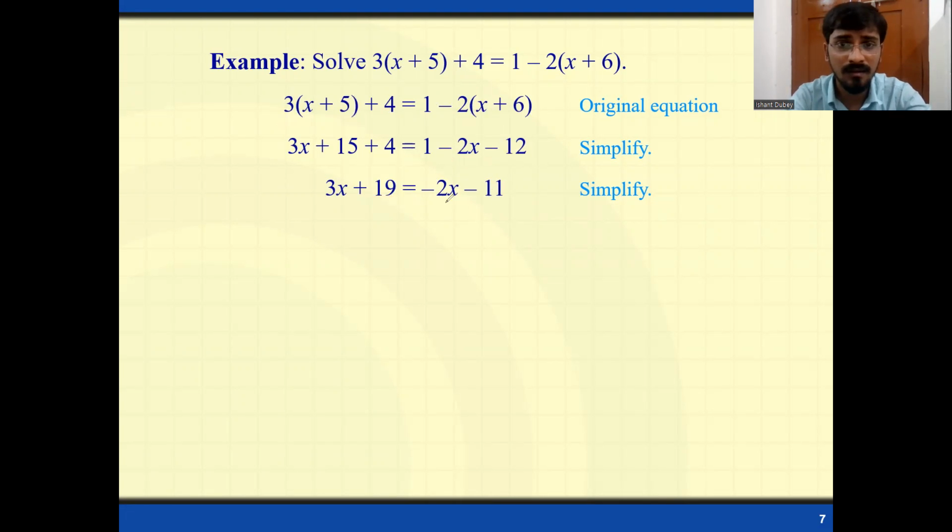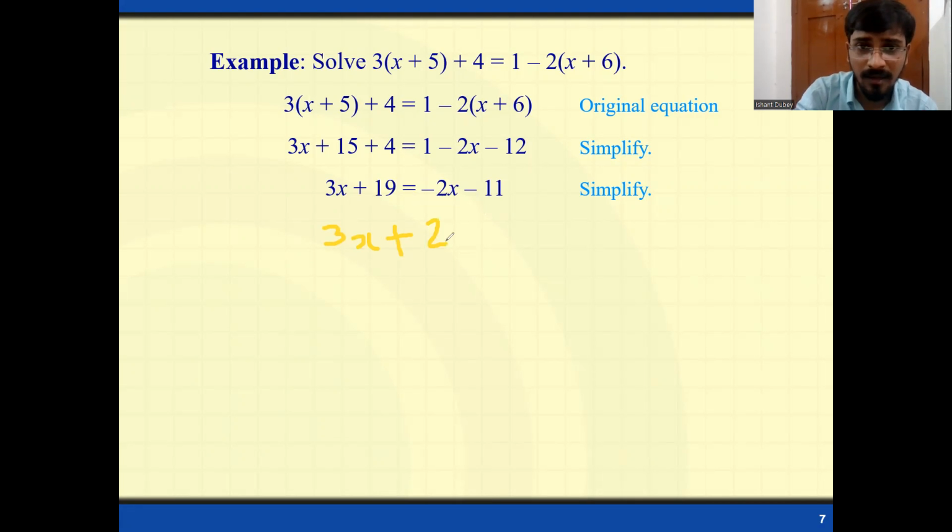Now what we can do, on both sides we can add plus 2x, because we have to take the variable on one side and the constant term on the other side. In order to make that minus 2x vanish on the right hand side, we have to add plus 2x on both sides. 3x plus 2x.